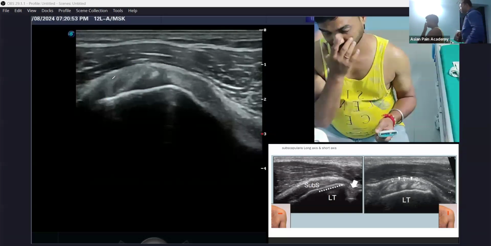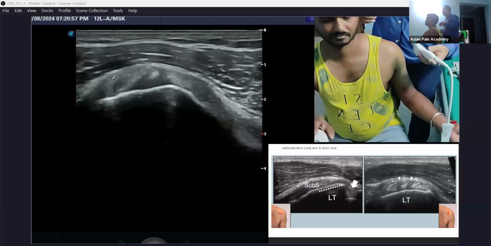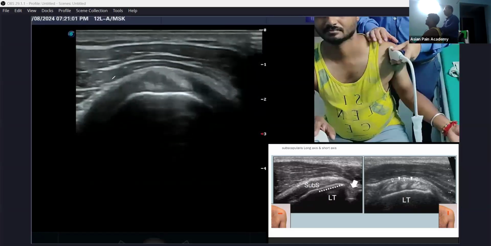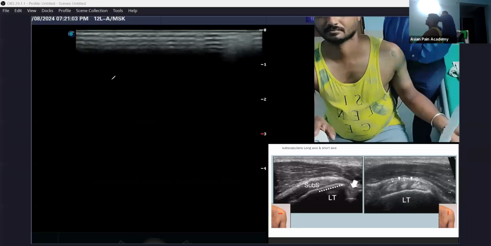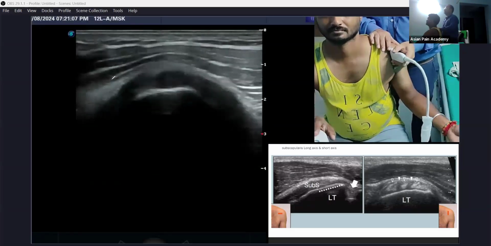So starting from here, we will again come up to the lesser tuberosity where it joins. Left side is the cranial side.